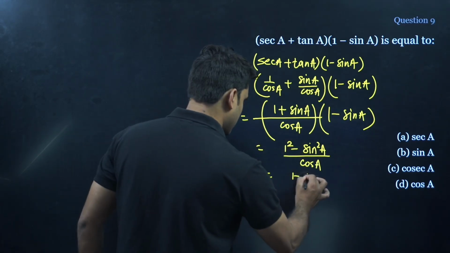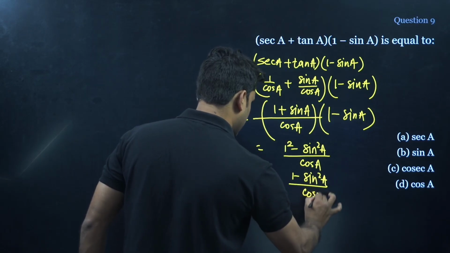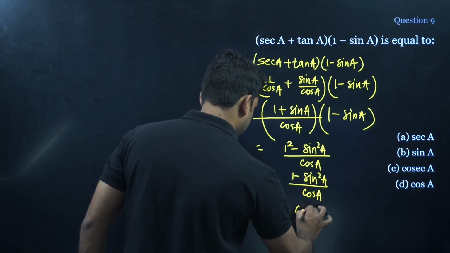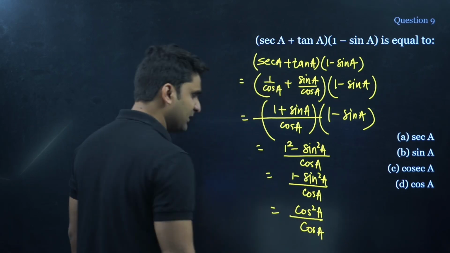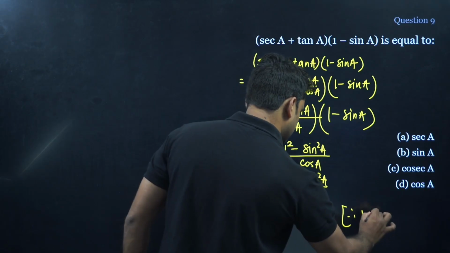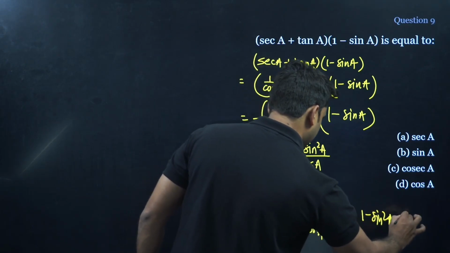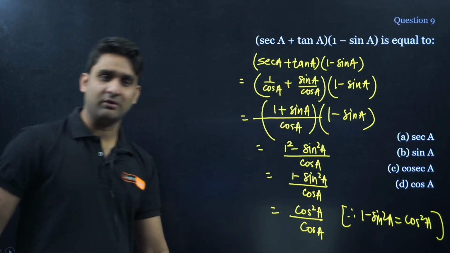So this is 1 minus sin square a. And if you remember, 1 minus sin square a can be written as cos square a. Written, everyone? Clear? You can mention the reason here, because 1 minus sin square a is equal to cos square a. This is the first identity of trigonometry.